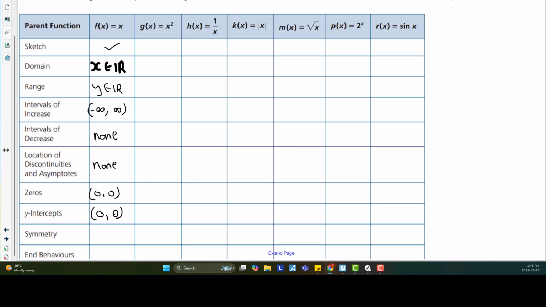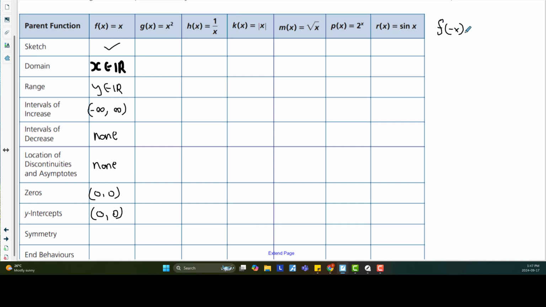As for, let's see, symmetry. Is this an even or odd function? Two ways to determine that. One is graphically by reflecting it in the y-axis and then the x-axis and seeing if the function then looks exactly the same. Or algebraically, you can do it by substituting negative x into the equation.